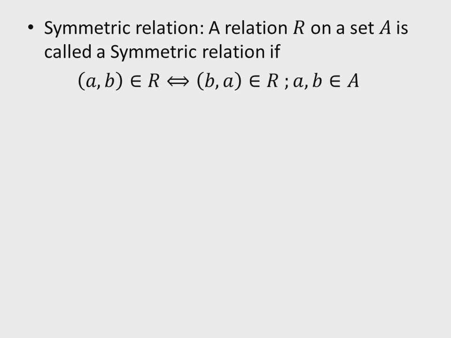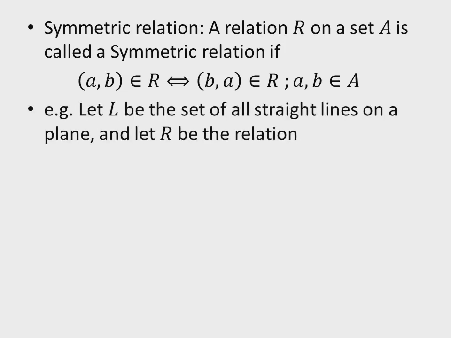The next one is called the symmetric relation. A relation R on a set A is called a symmetric relation if a relates to b implies b relates to a. Means if a is related to an element b, then b must also be related to a. So consider an example of a relation defined on the set L of all straight lines on a plane.